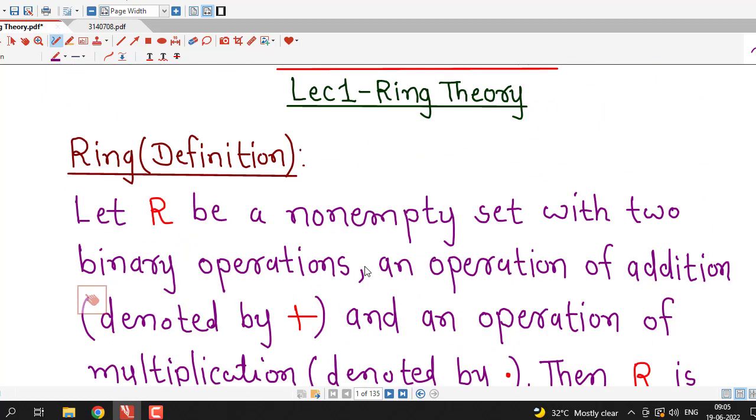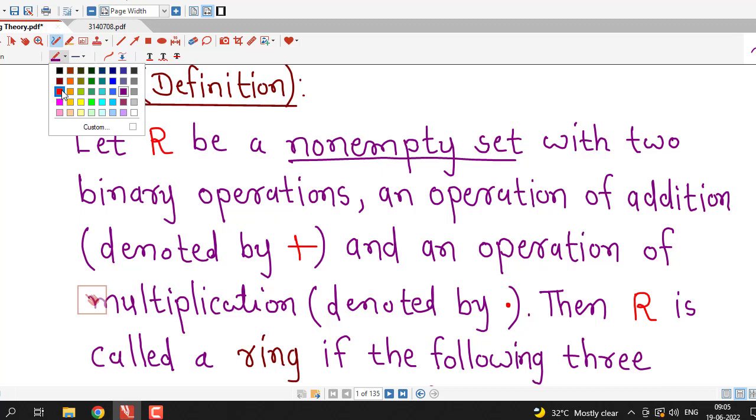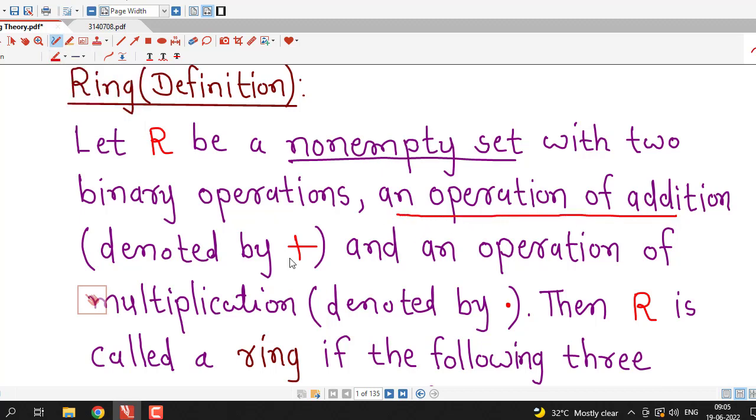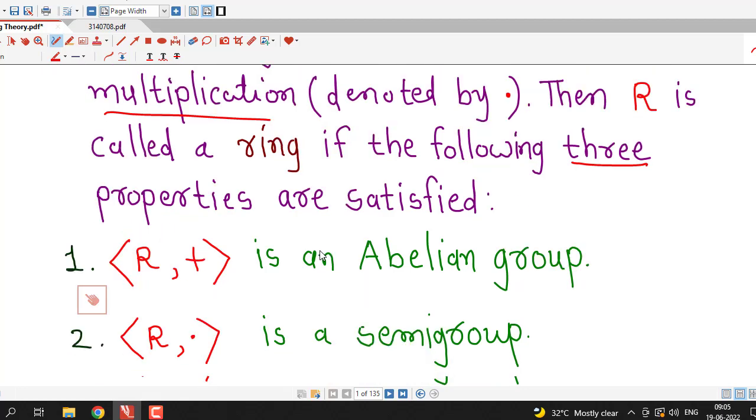So this is the formal definition of a ring. If they ask you to define a ring, you have to write it systematically in this way. Let R be a non-empty set with two binary operations, an operation of addition denoted by plus and an operation of multiplication denoted by juxtaposition. Then R is called a ring if the following three properties are satisfied.